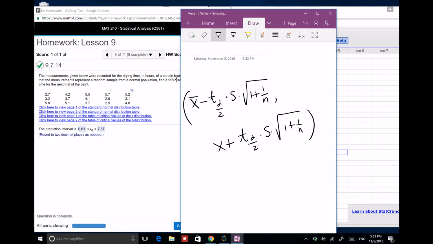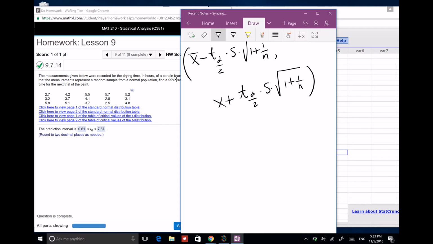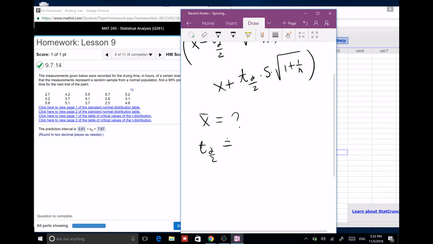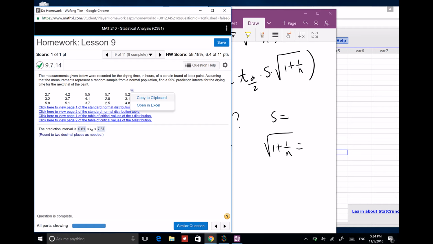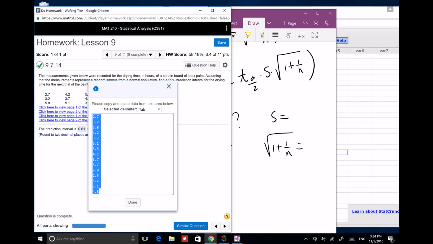So what do you need to do? We have to find each of them. Find x bar equals what? Find t alpha of 2 equals what? Find s equals what? And find square root of 1 plus 1 over n equals what? Then I find everything and plug it in. So how do I find x bar? First I need to use this data here.